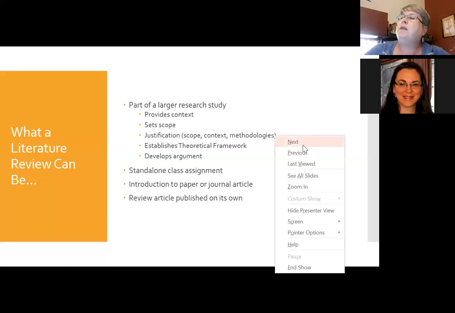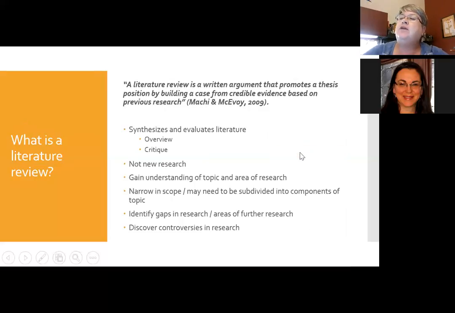And so in doing that, you may need to subdivide your topic and look for different parts of that topic instead of looking for the topic as a whole.